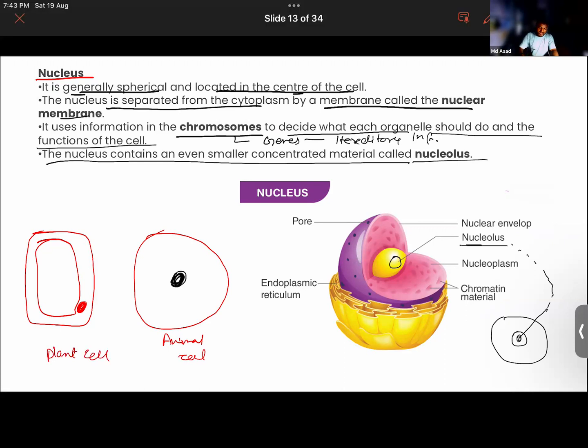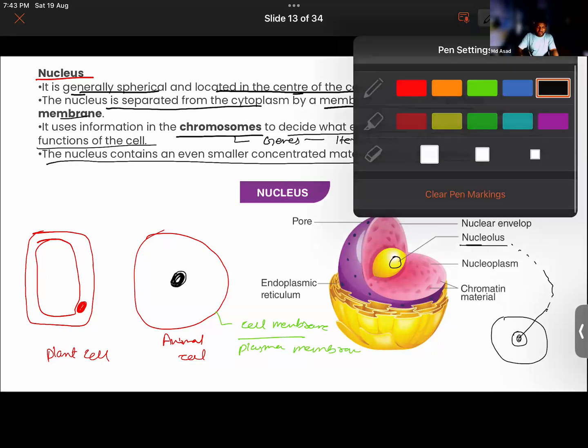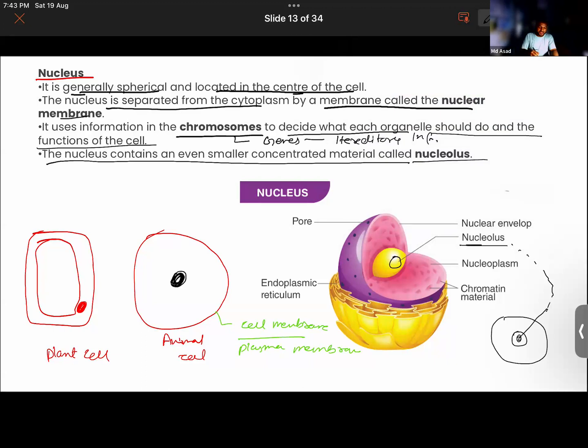Both of them have one thing in common: both have a cell membrane, also called the plasma membrane. But there is one extra layer around the plant cell, called the cell wall. So don't get confused between the two. This is the cell wall, and this here is the plasma membrane or cell membrane. Basically, both are the same thing.